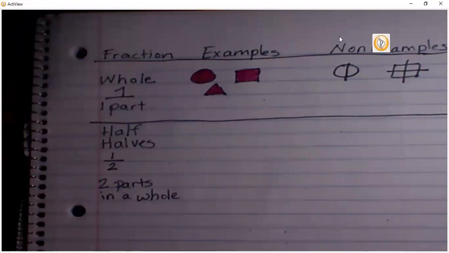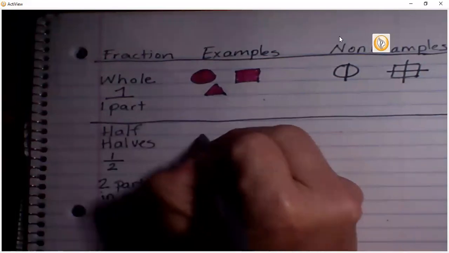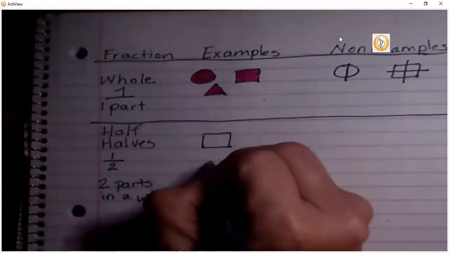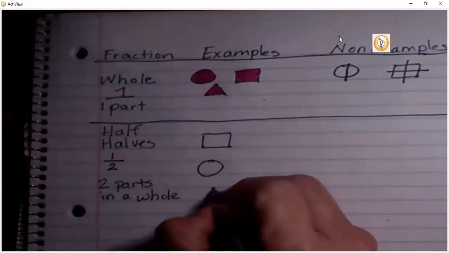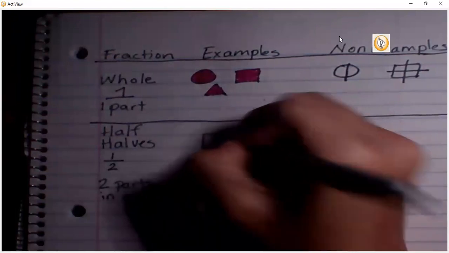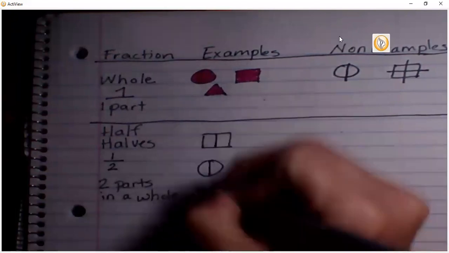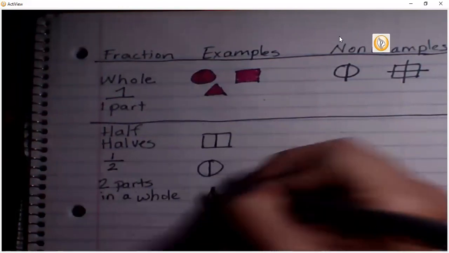So let's show some examples of our halves. I'm going to start by drawing some more shapes. Then I'm going to cut them in half.